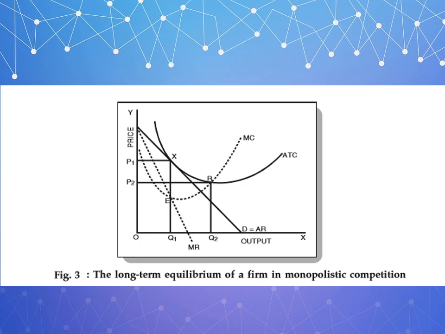This continues until all firms earn only normal profits. Therefore, in the long run, firms in such a market earn only normal profit. It is important to note that in the long run, a firm is in an equilibrium position having excess capacity. In simple words, it produces a lower quantity than its full capacity.